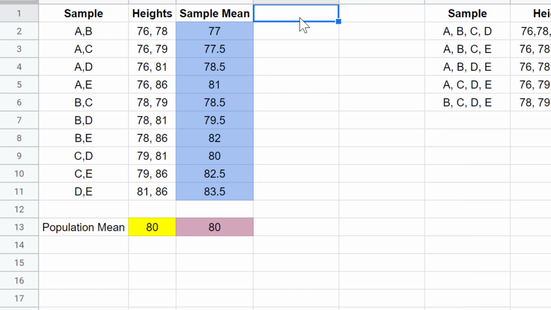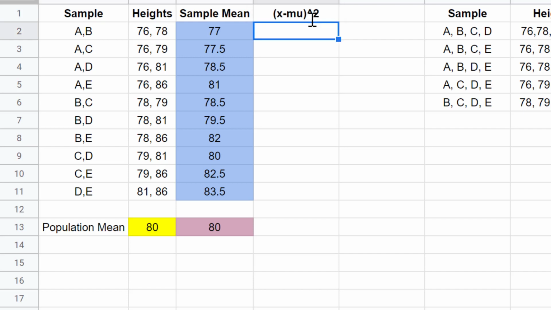Okay, so I'm going to square the sample mean. So right here I'm going to say x minus mu squared.